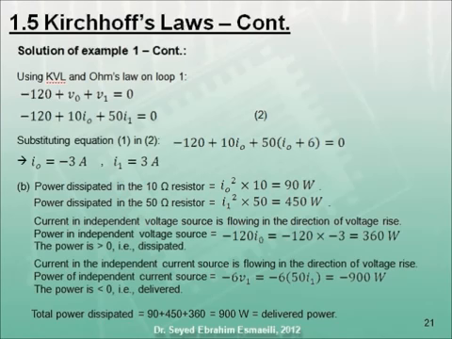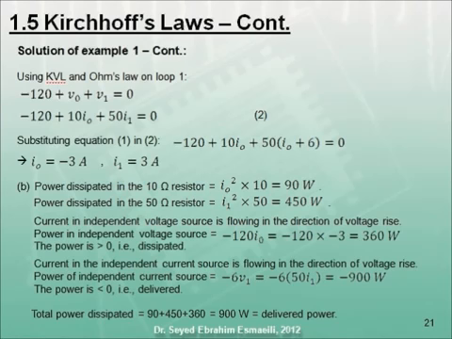Hence, the power in the independent voltage source is written as P equals minus VI, which equals minus 120 I0, which equals 360 watts. Since the power is positive, it means that the independent voltage source is dissipating power.